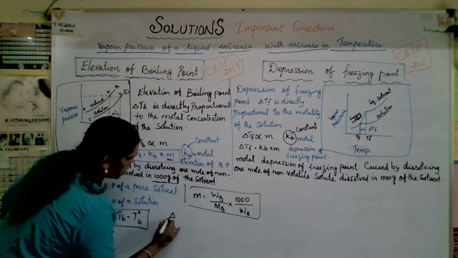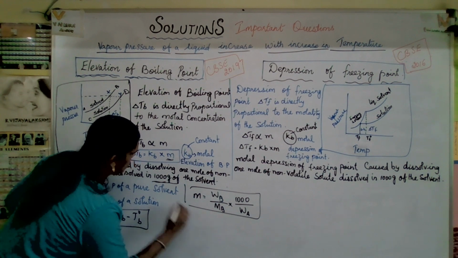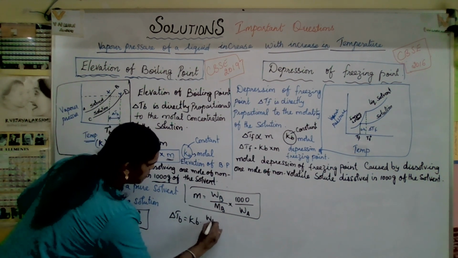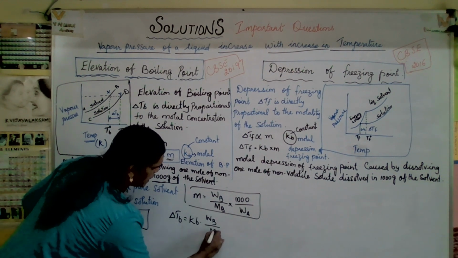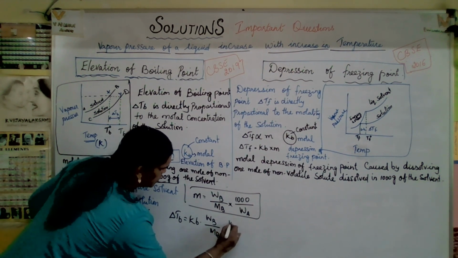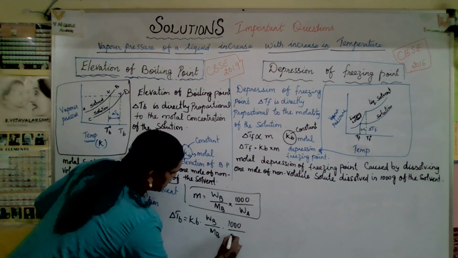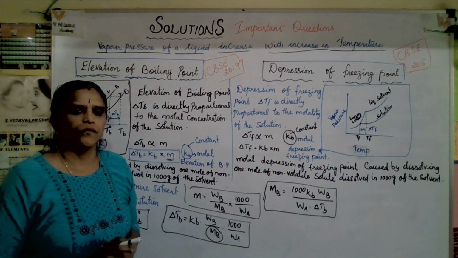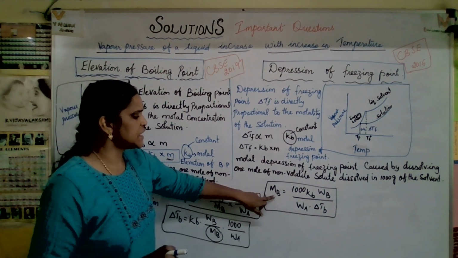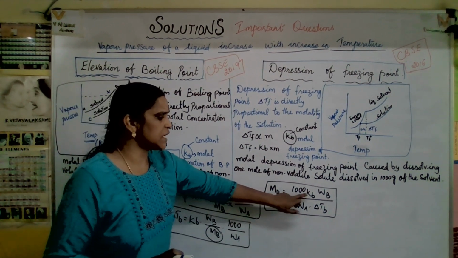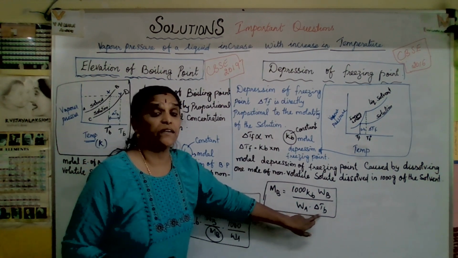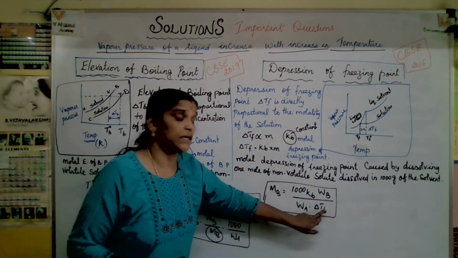So delta TB equals KB into WB by MB into 1000 by WA. Finally, we can conclude that MB equals 1000 KB WB by WA into delta TB.